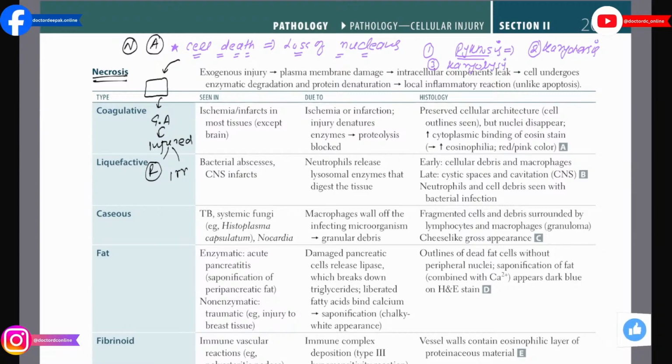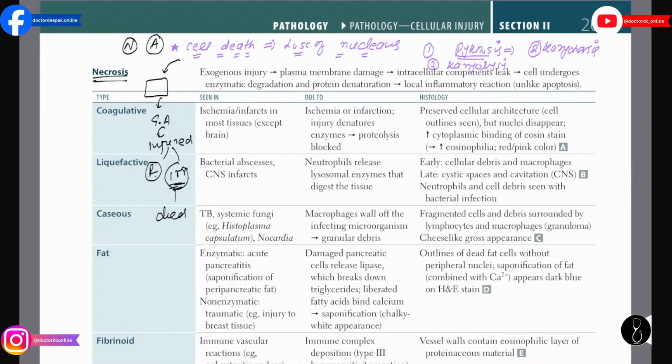The injury of a cell is of two types: reversible and irreversible. Reversible means if you remove the stress, the cell will come back to its normal shape. But irreversible cell injury means even if you remove the stress, the cell is not going to come back to its normal position. So the irreversible cell is going to die.